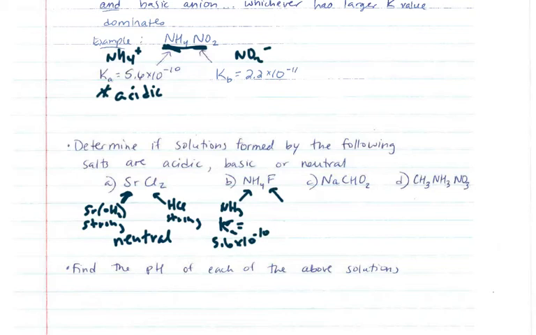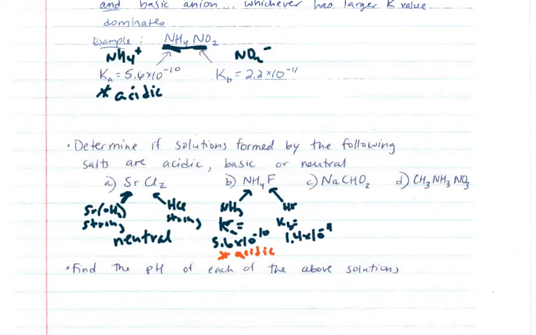And fluoride comes from HF, which is a weak acid. And fluoride has a Kb, if we look at the table, of 1.4 times 10 to the negative 11th. So the Ka is higher than the Kb, so that means that this will be an acidic salt.